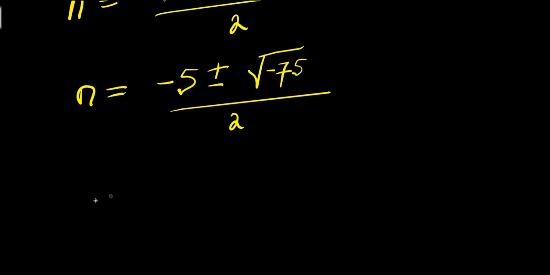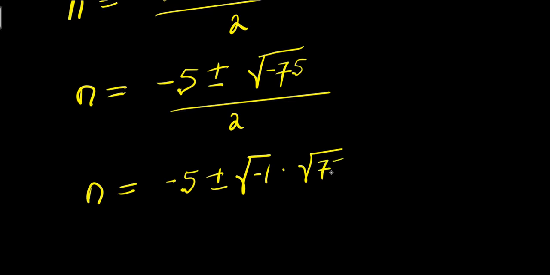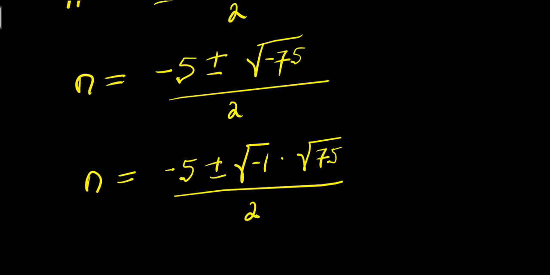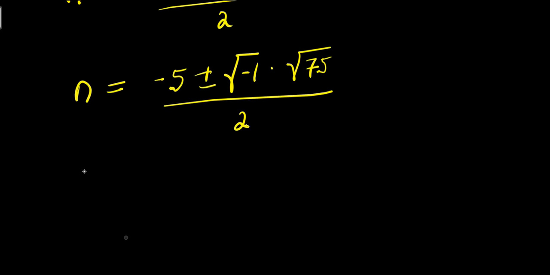So from here, we have n equals negative 5 plus or minus, there's minus here, I have square root of negative 1 times square root of 75, divided by 2. So from here, I will have my n equals negative 5 plus or minus, this square root of negative 1 here is i.